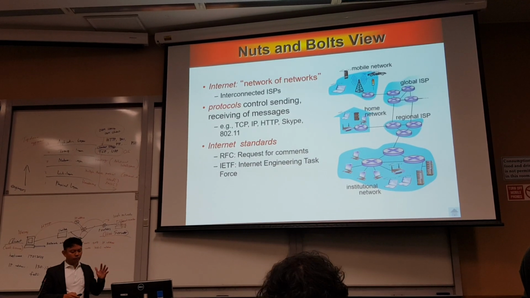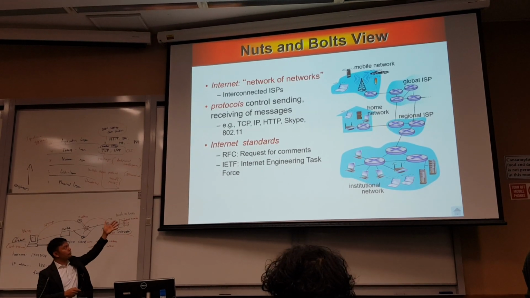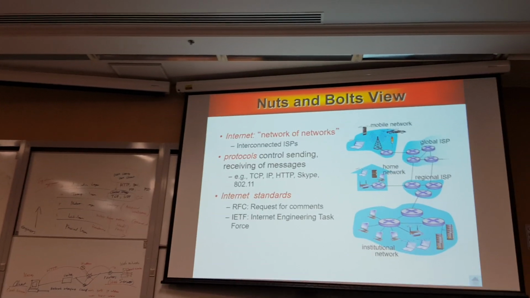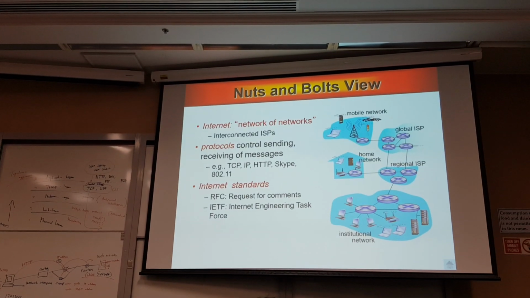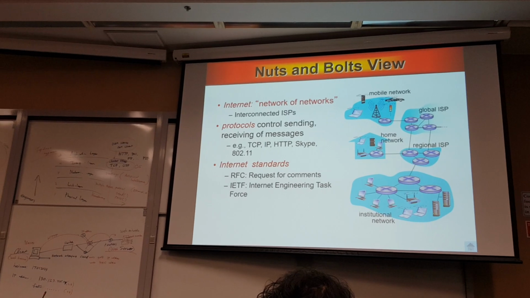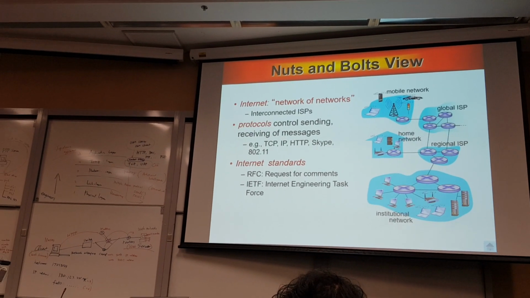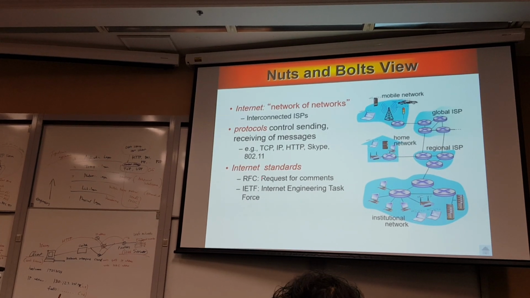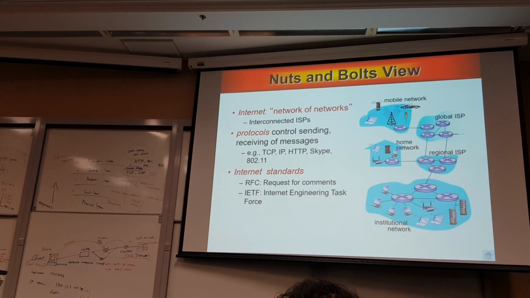So the internet is a network of networks. Okay? I mentioned this already. There are different protocols and different layers. The internet is also organized hierarchically; the protocols are organized according to the different 5 layers. All the standards are specified by what we call the Internet Engineering Task Force.